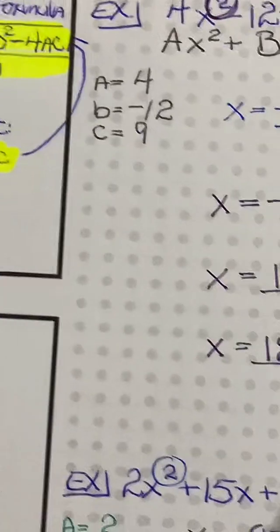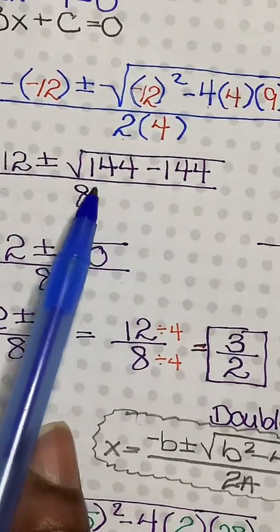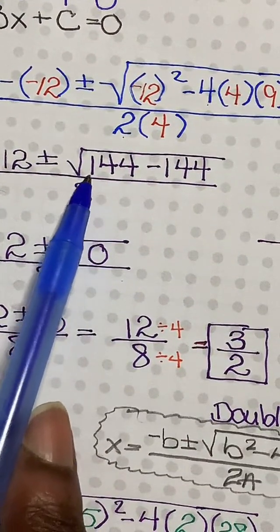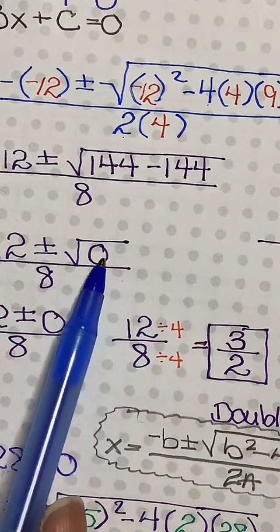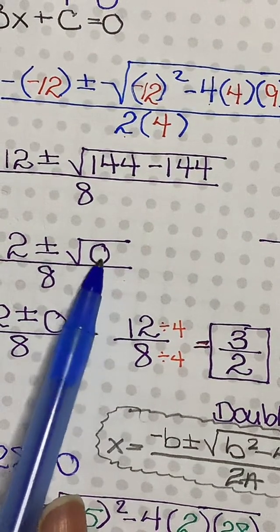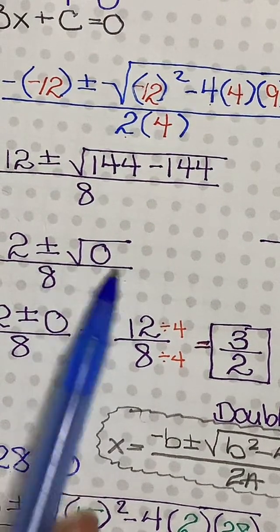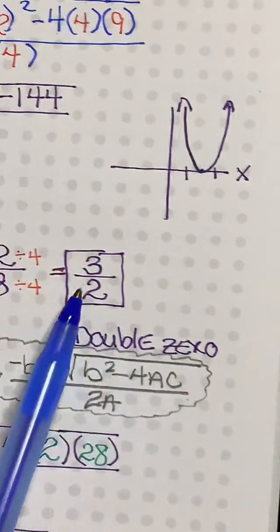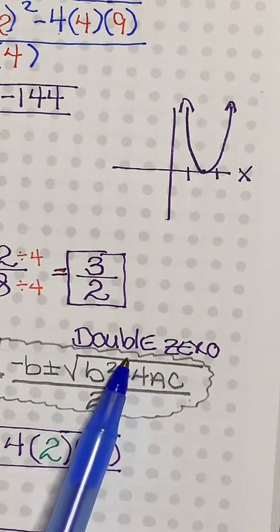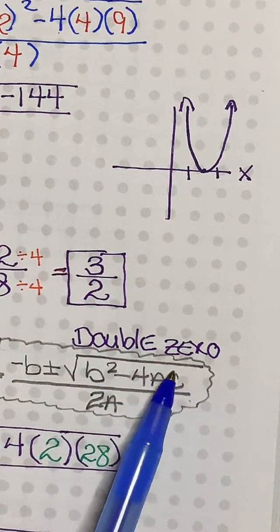So like example number 1, underneath the square root, we got 144 minus 144, which gave us 0. So if the discriminant is equal to 0, that means I'm going to have a double zero, which we did. We had that double zero of 3 halves.